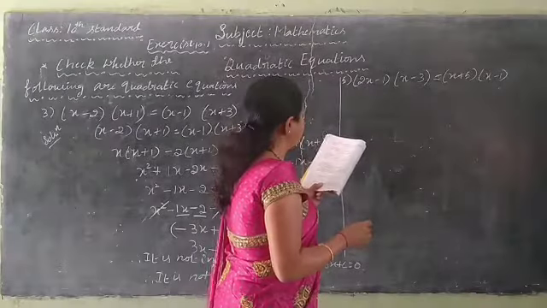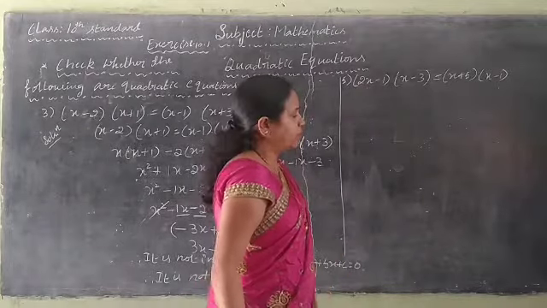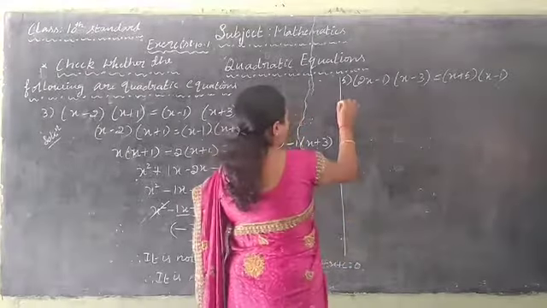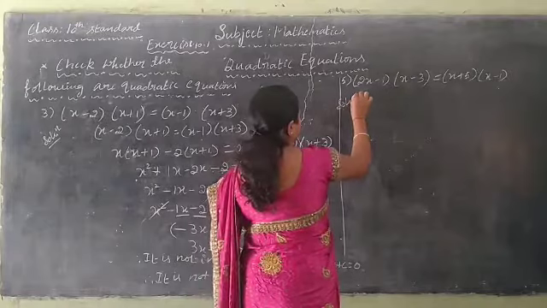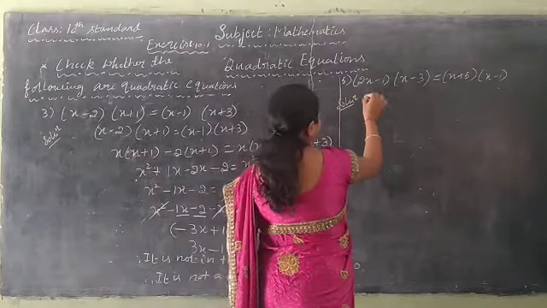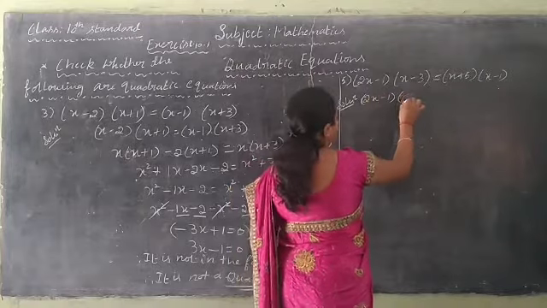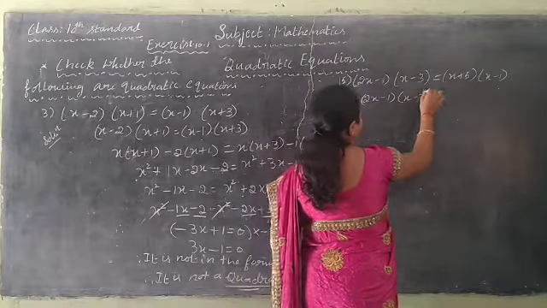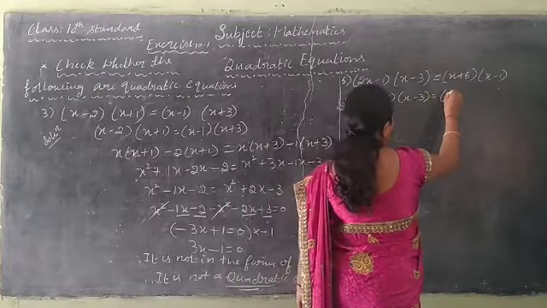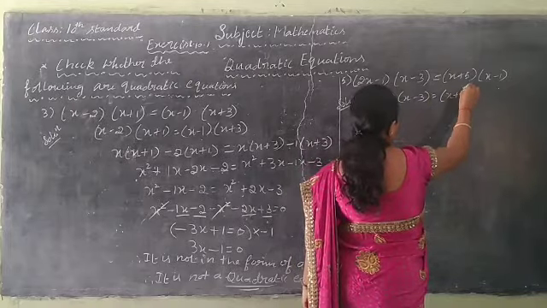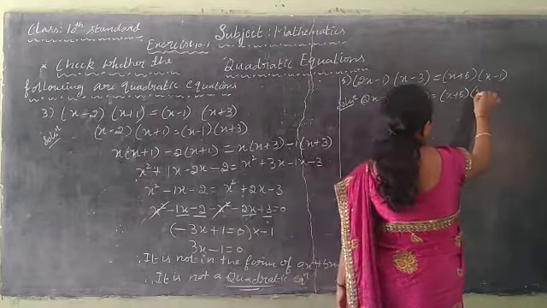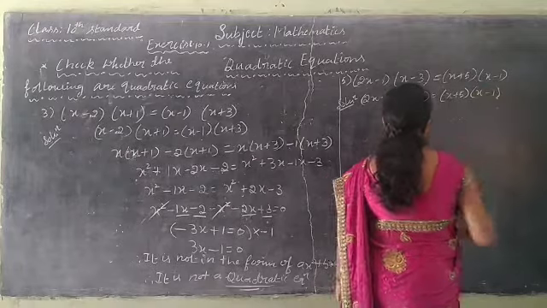Okay. So, first we should write the problem. 2x minus 1 into x minus 3 equals x plus 5 into x minus 1.